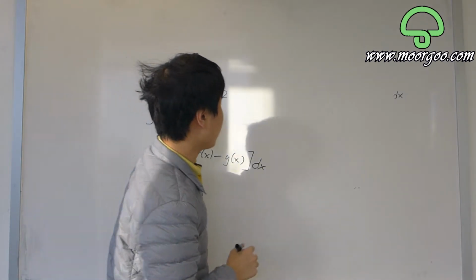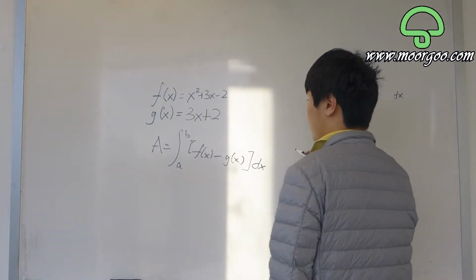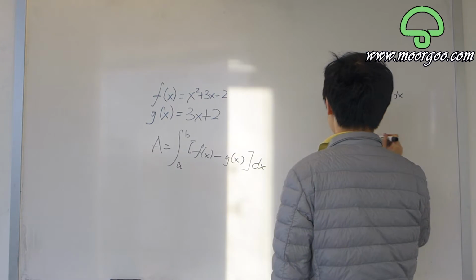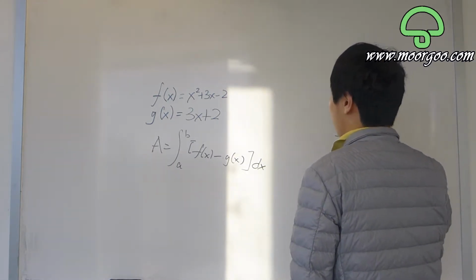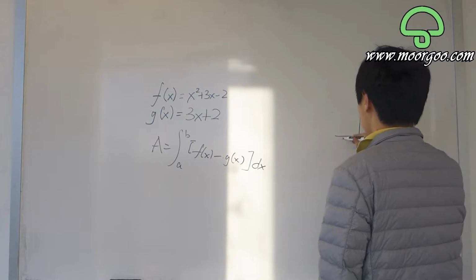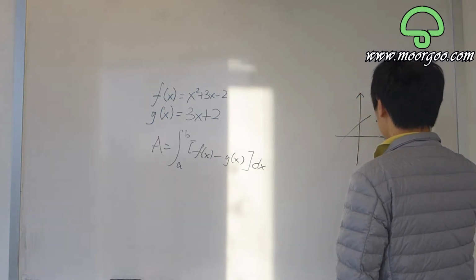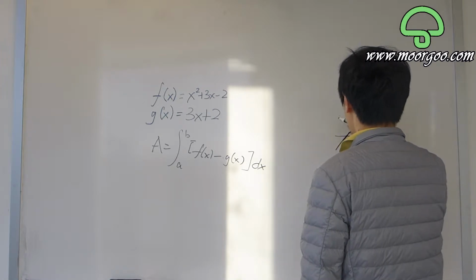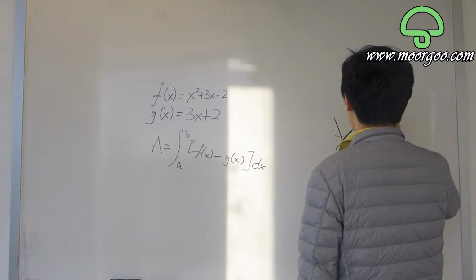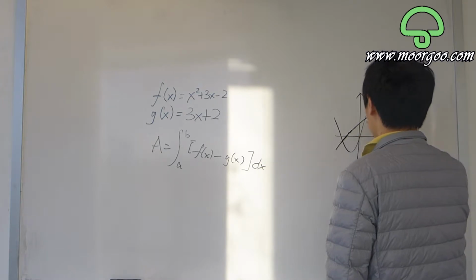We're not sure of the sign because we need to know which function lies above which one. So we have g of x here and f of x here, I'm pretty sure.